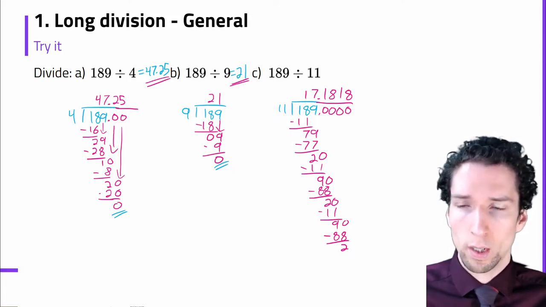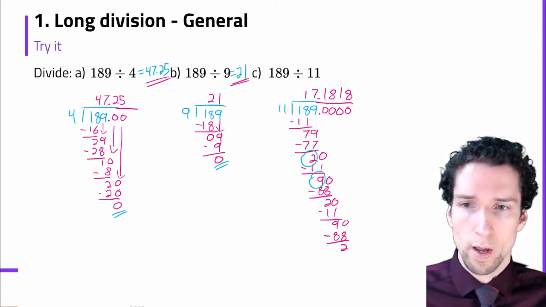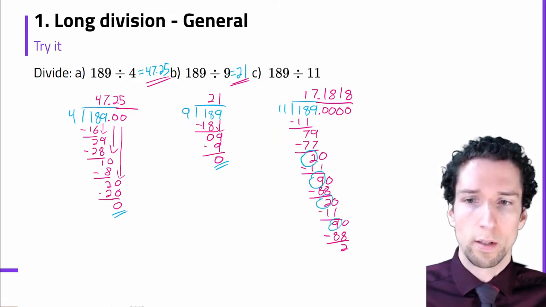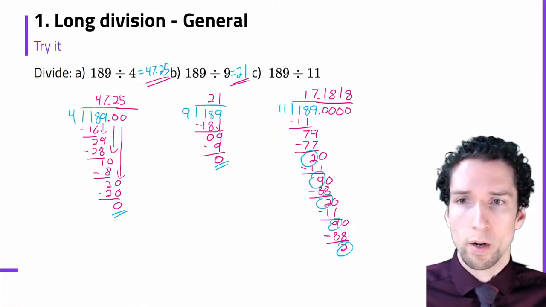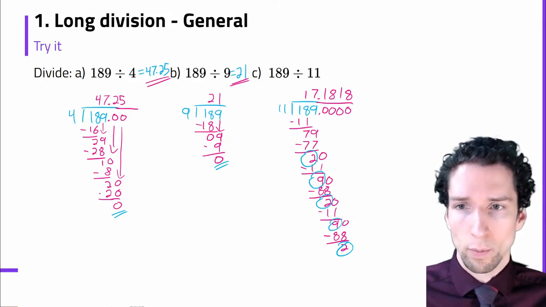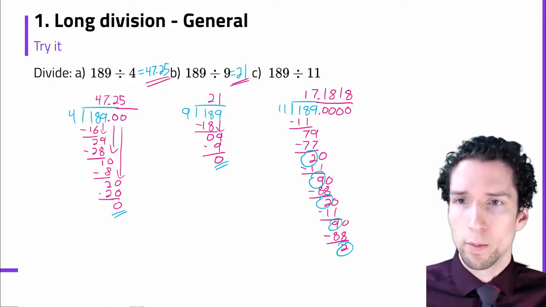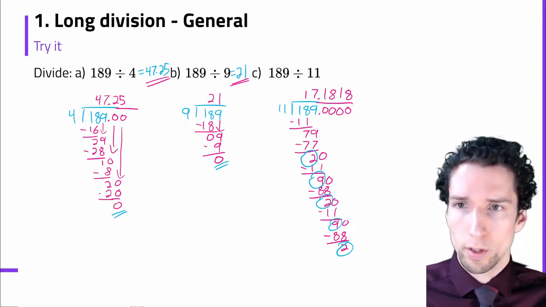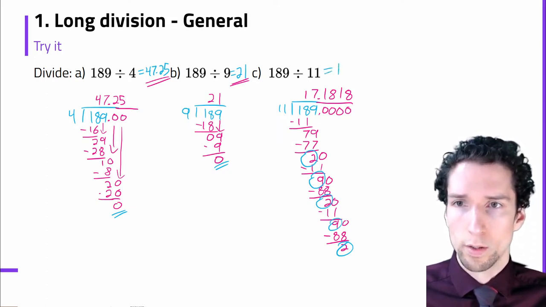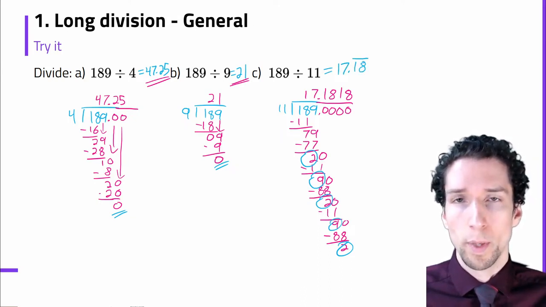Okay, so hopefully we're noticing the pattern here. 2, 9, 2, 9, 2. You can also see in our result 1, 8, 1, 8. So it looks like it's going to be the same thing. It's just going to repeat here. So our solution is 17.18 repeated.